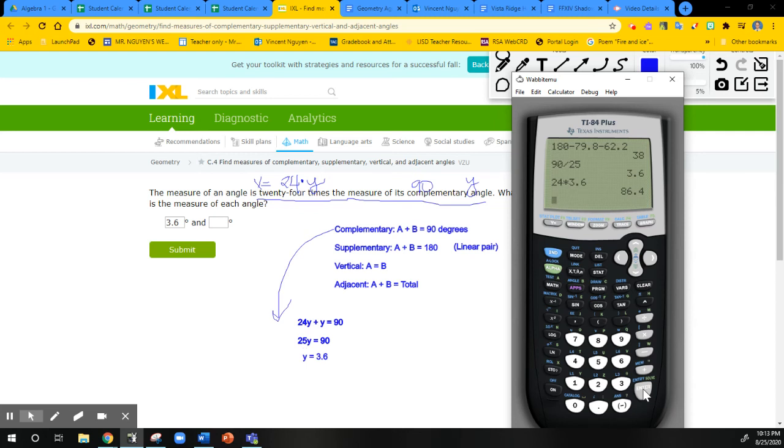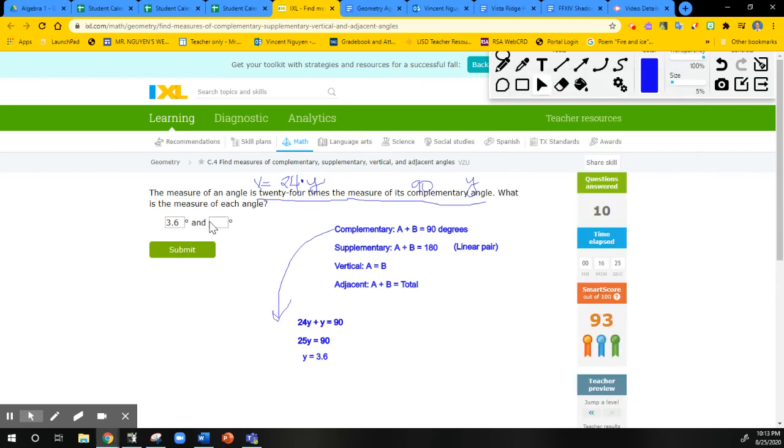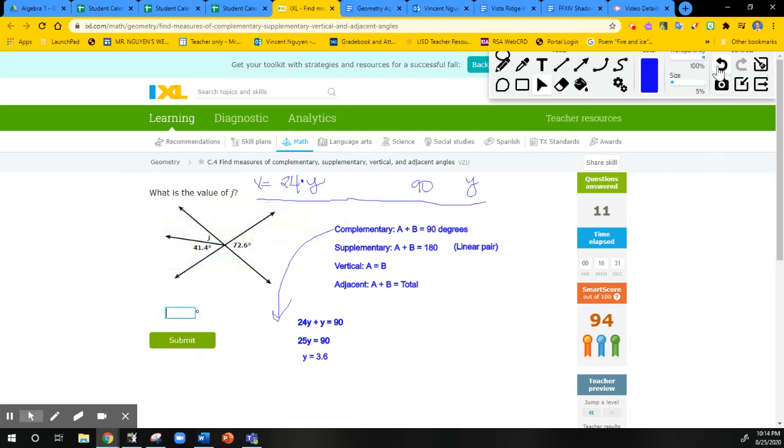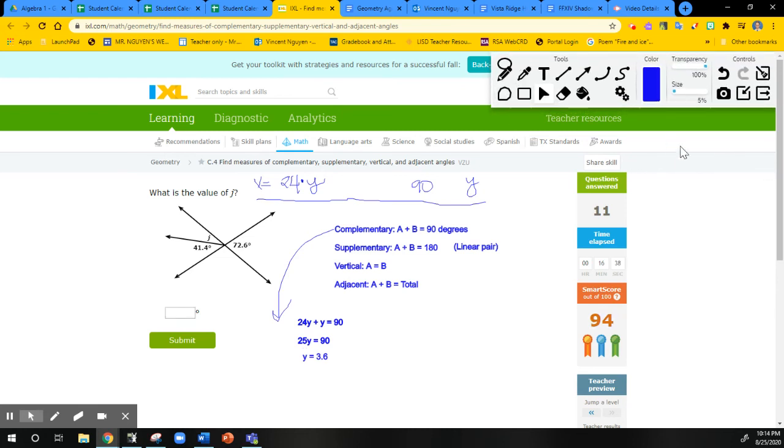And as you can tell, if you add them both together, they will be 90 degrees. So 86.4 is the other angle. And then submit. Awesome. So these are a little bit more challenging, because they are descriptions, and then you have to set up the equation and solve and all that kind of stuff.